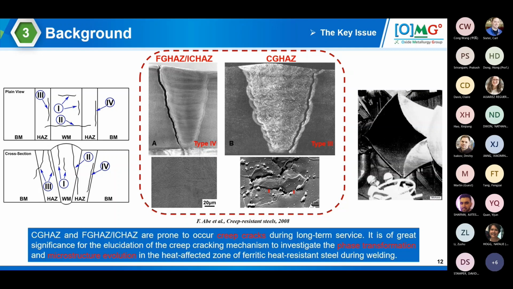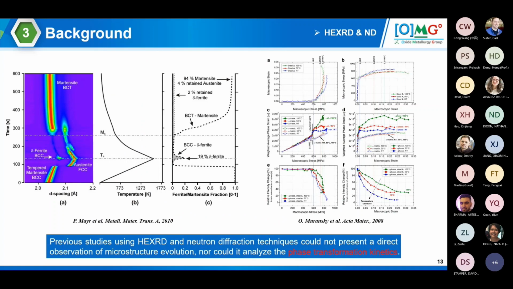So we are driven by this microstructure evolution in the HAZ, the heat affected zones, of this heat resistant steel during the welding. People have done quite a lot of work interpreting the phase transformations occurring during those cycles.